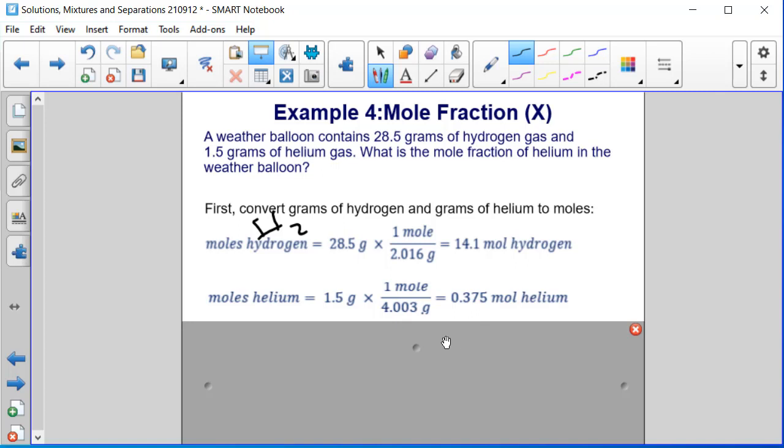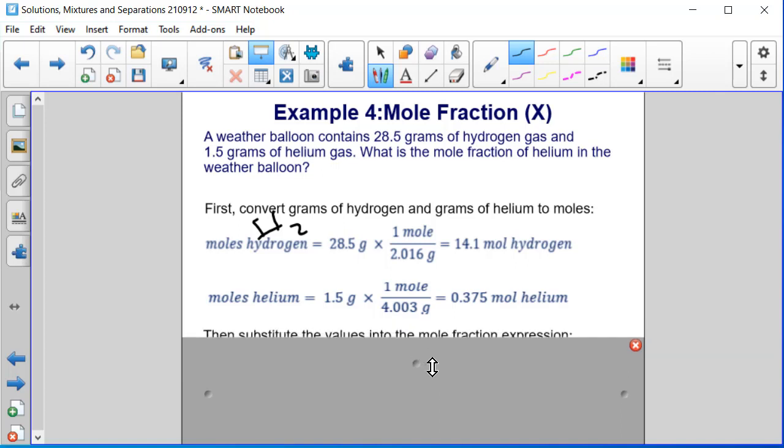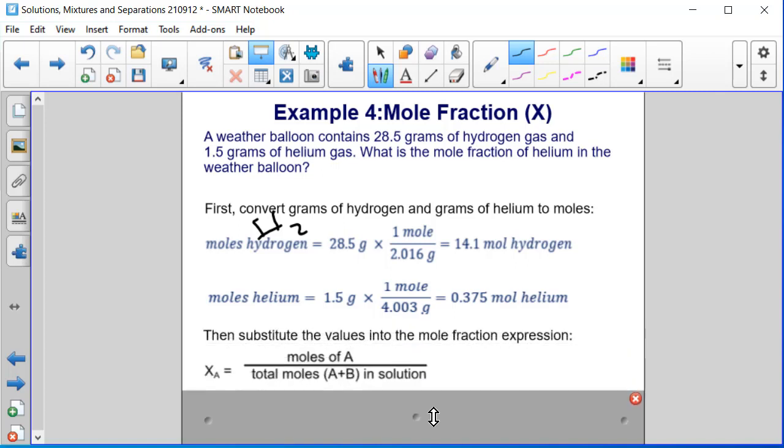Once we know our moles, we're just finding what fraction of this sample in moles is hydrogen. No. What is the mole fraction of helium?